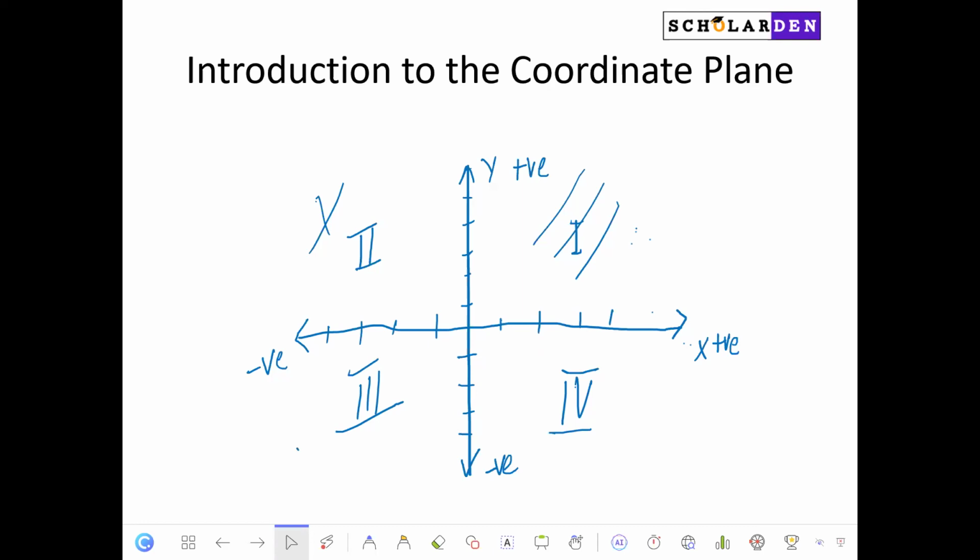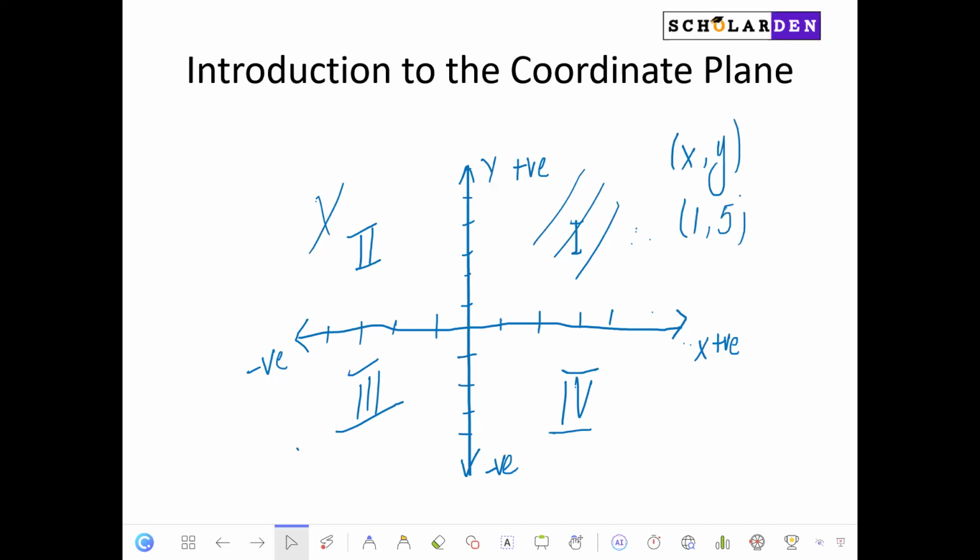Anything represented on this coordinate plane is supposed to follow this convention. First, we write the value along the x-axis, and then the value along the y-axis. The point we are looking at is 1 and 5. Along the x-axis its value is 1, and along the y-axis its value is 5.